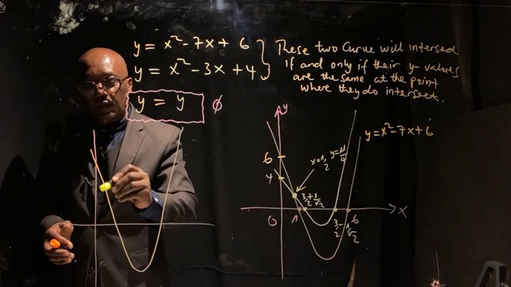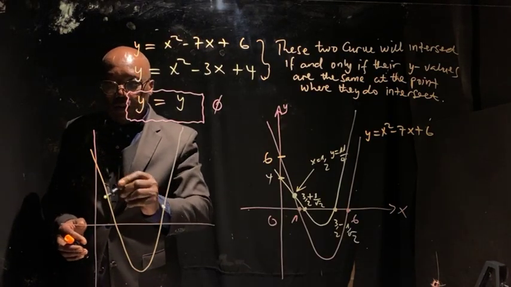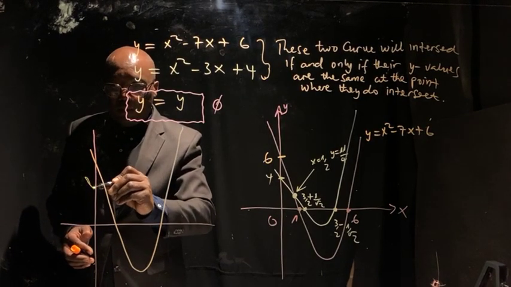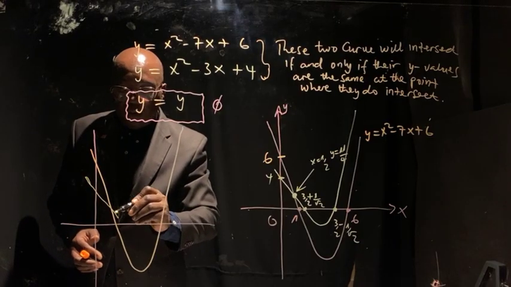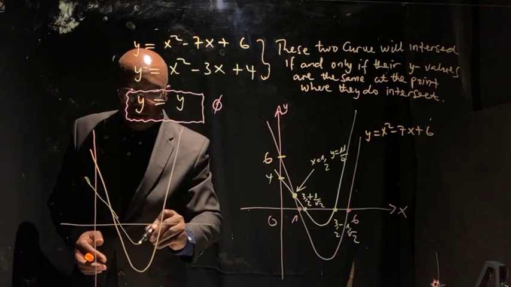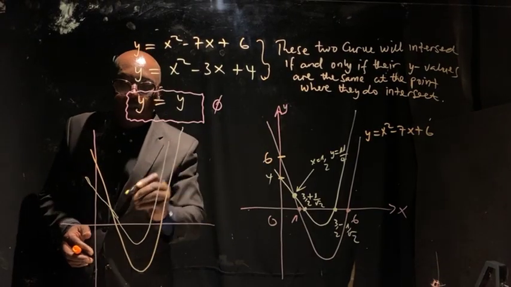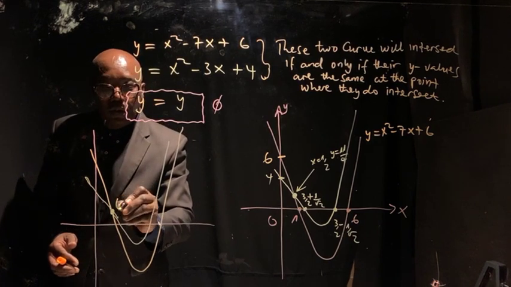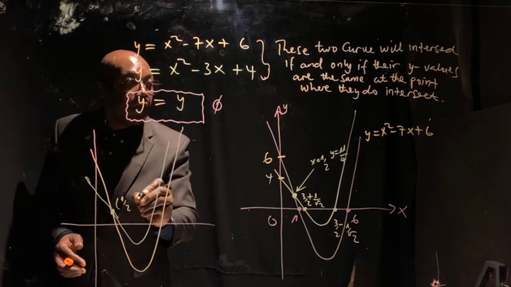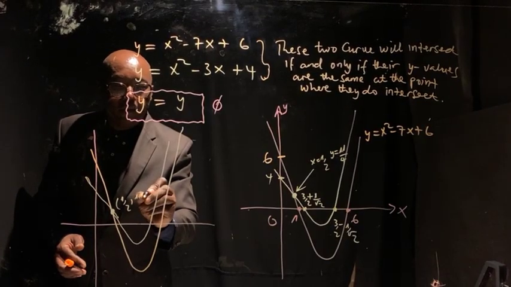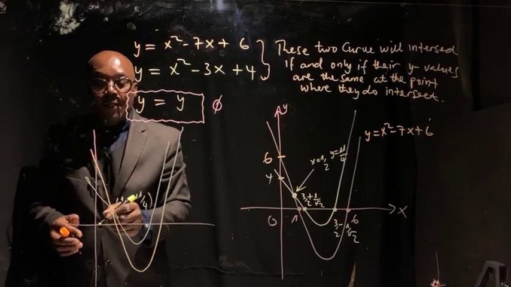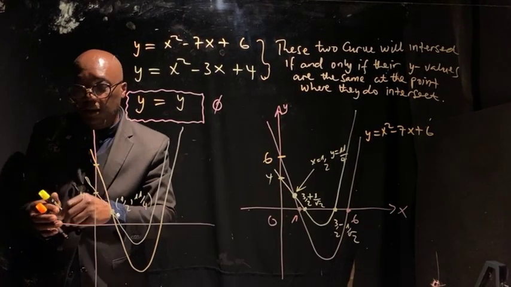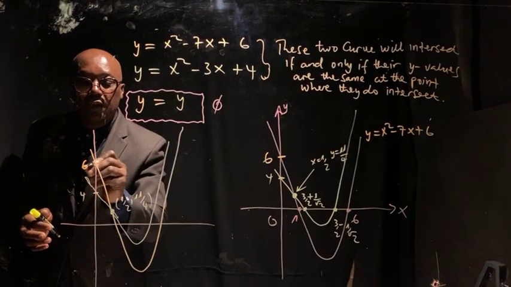and then the other one will be this point of intersection, which is half and 11 over 4. And this is 4 and this is 6.